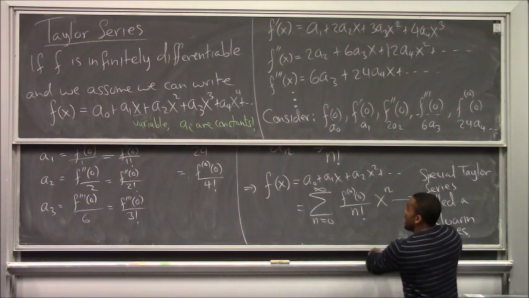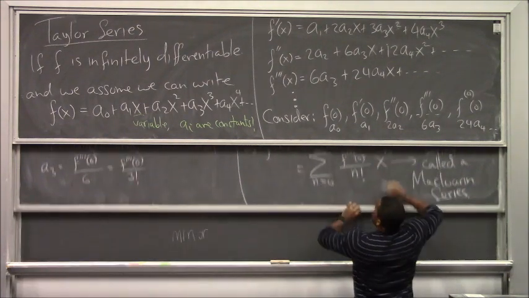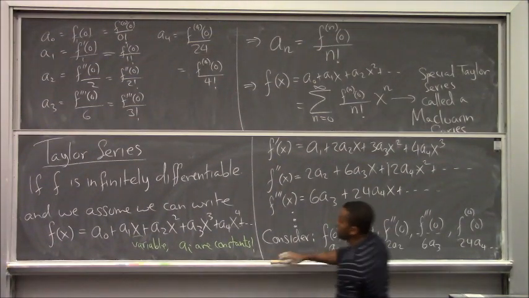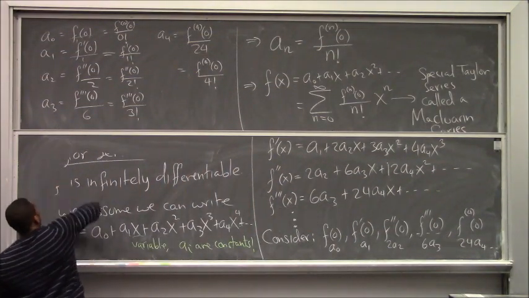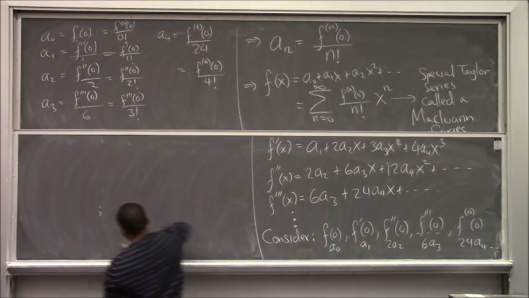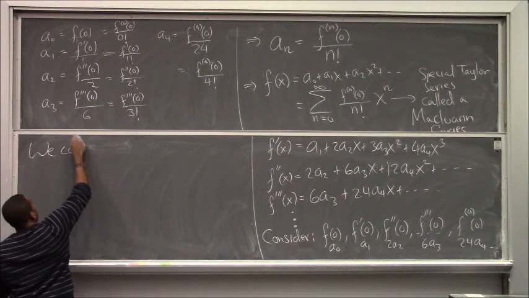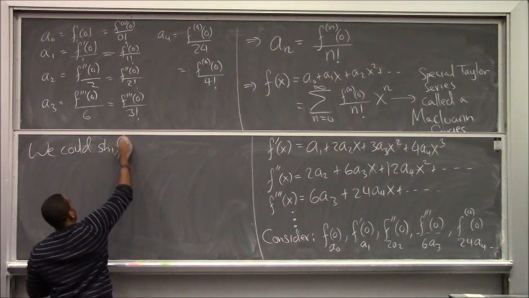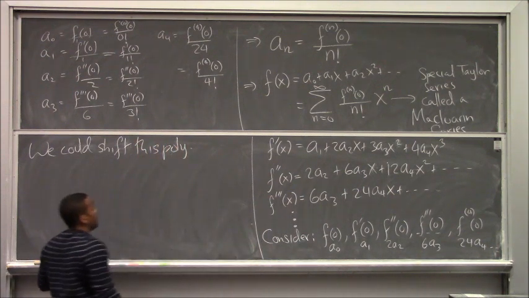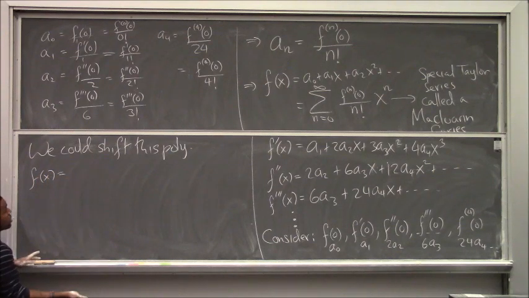However, in general, I didn't have to center it at 0. I could center it at something else. So I can imagine that this polynomial is shifted. I could think of f of x as being centered at some other number.